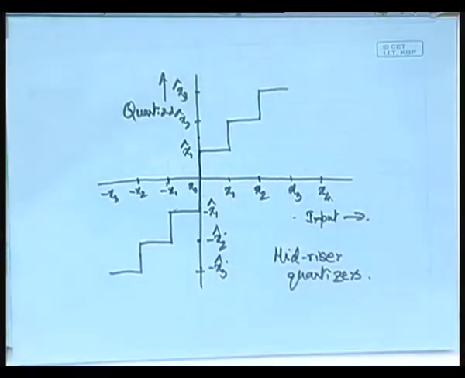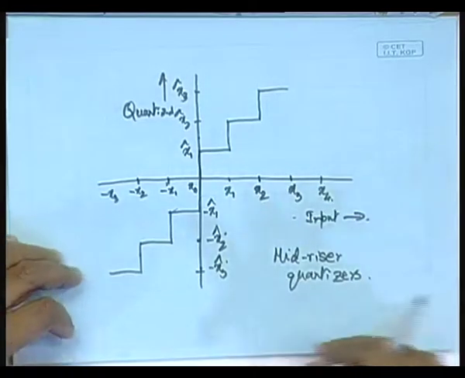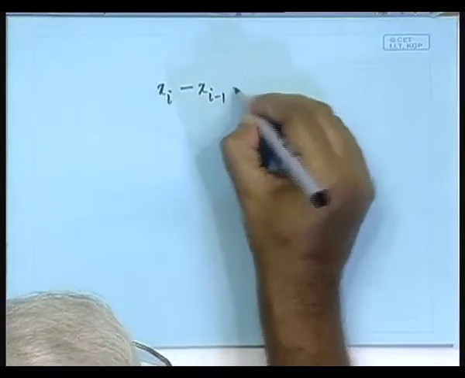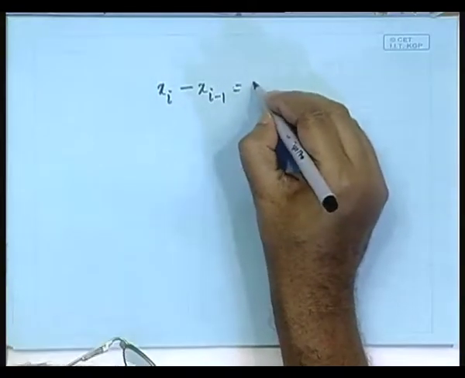Now, in fact, the quantization step size, if we denote by a quantity delta, then that is actually defined as xi minus xi minus 1, that is equal to delta.